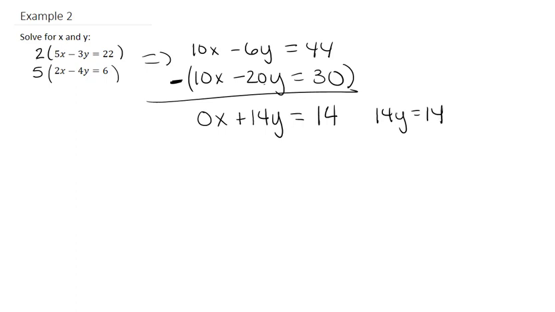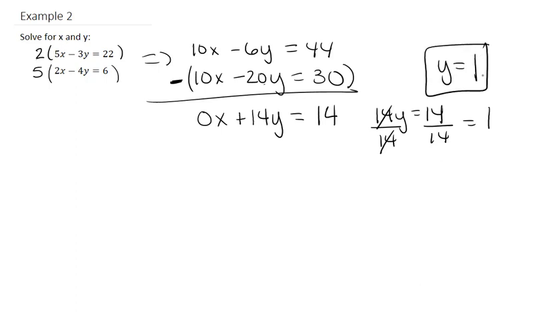Now we need to get y by itself, so we divide by 14 on both sides. So now we have y, which is 14 over 14, so that's just equal to 1. So y is equal to 1. Now we can go back and put this into either equation. So let's use equation 2.